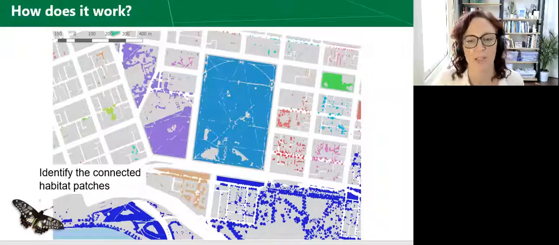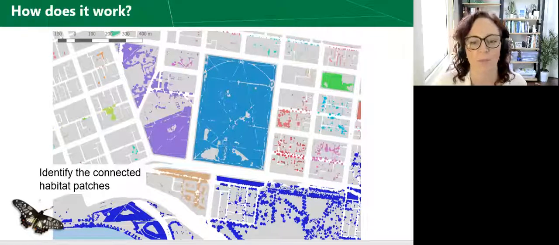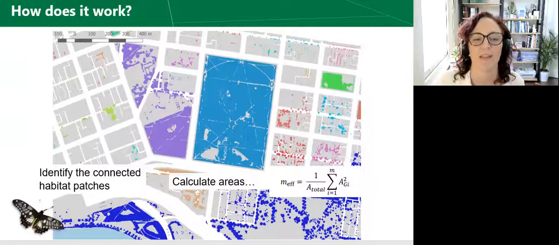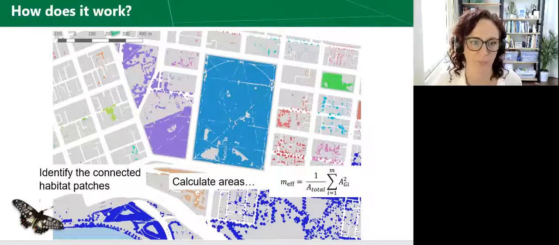So the blue patches down the bottom are part of one big habitat patch connected via some habitat further off the screen that you can't see. And we're able to then quantify this by calculating the area of those habitat patches and putting that information into the effective mesh size equation.